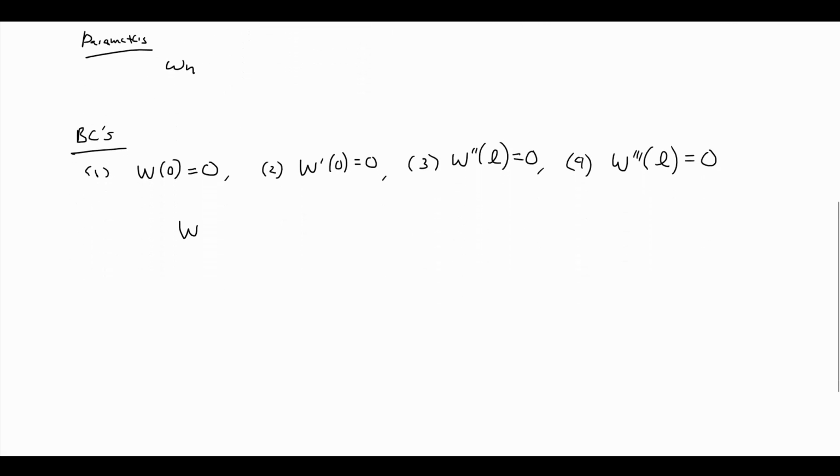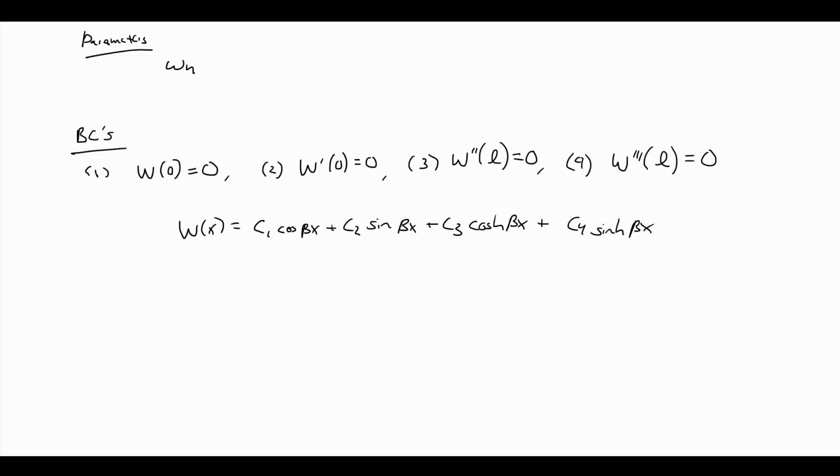W of x, our assumed solution, we are going to use this C1 cosine beta x plus C2 sine beta x plus C3 cosh, or hyperbolic cosine beta x, plus C4 sinh beta x.